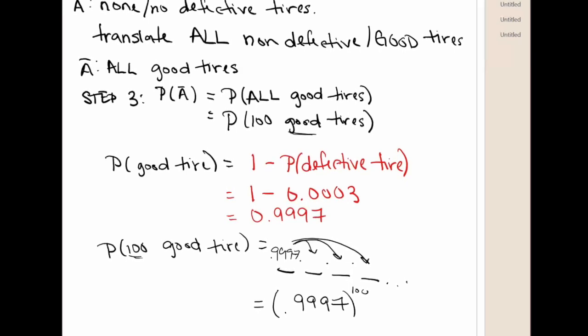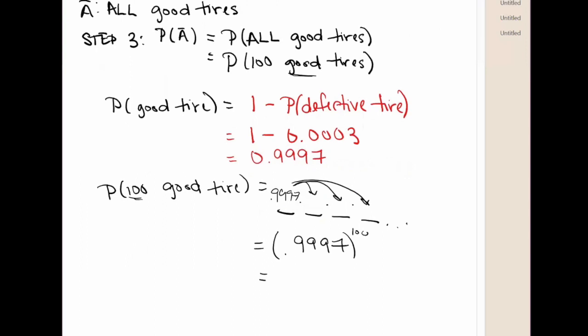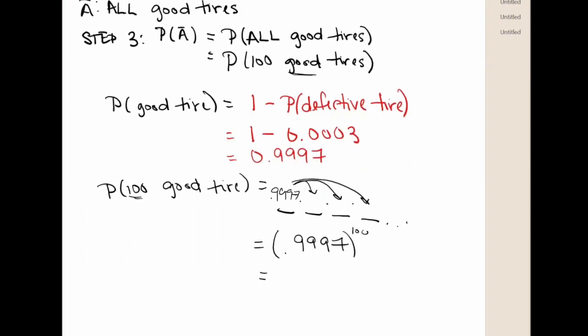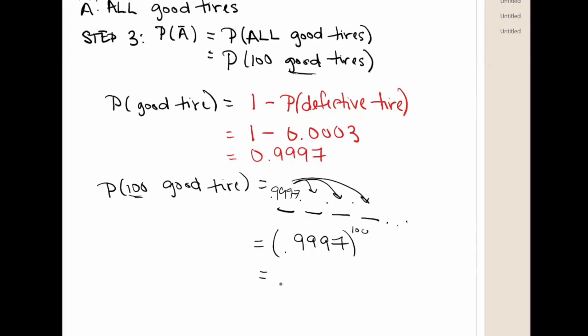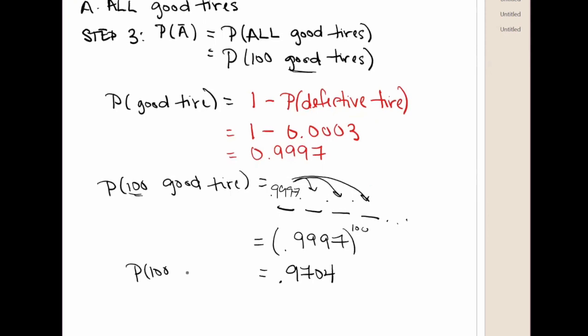We end up with a value of 0.9704. I'm going to go just to 4 decimal places. So 0.9704. And that value is the probability of getting the 100 good tires.